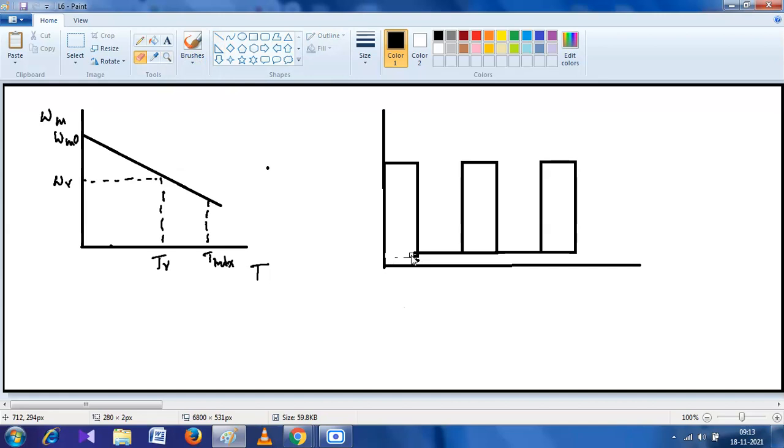Suppose this is the load characteristic of a hammer or a pressing mill with respect to time.